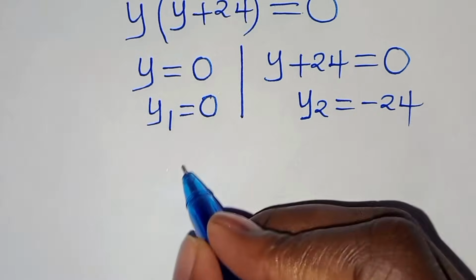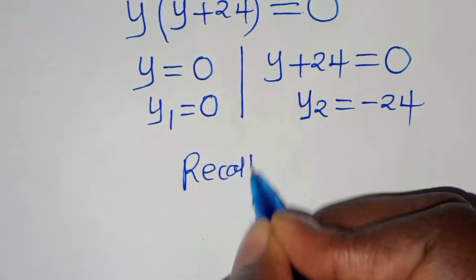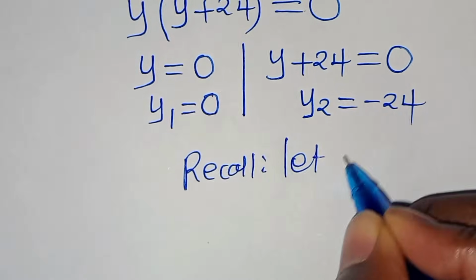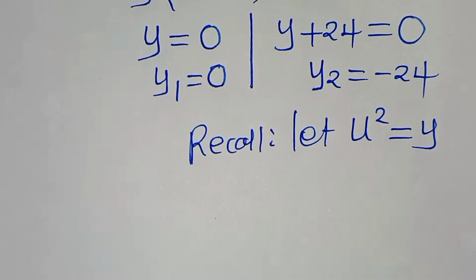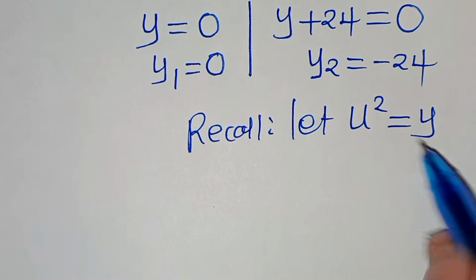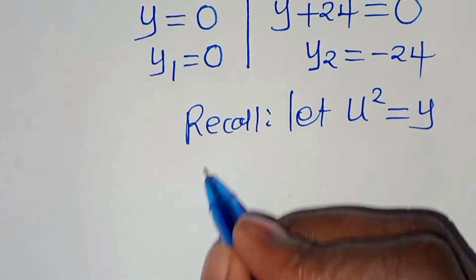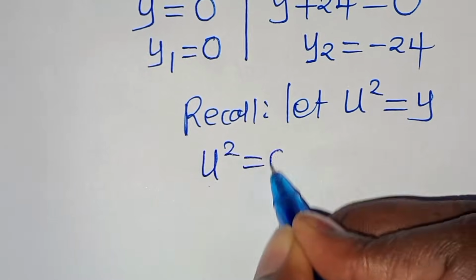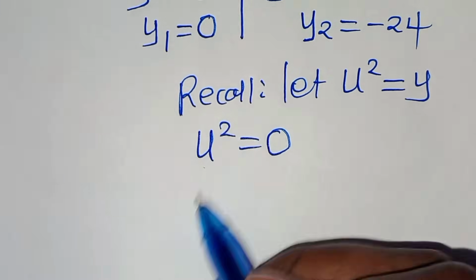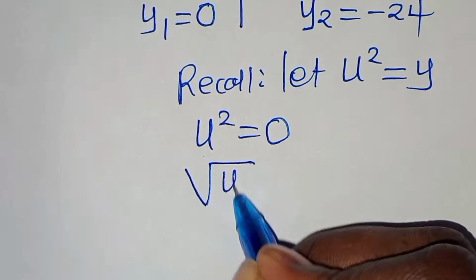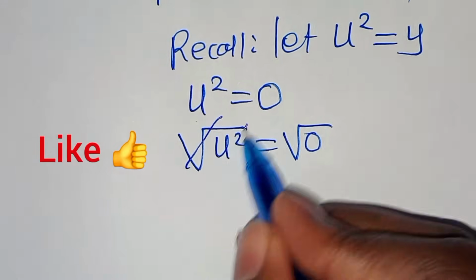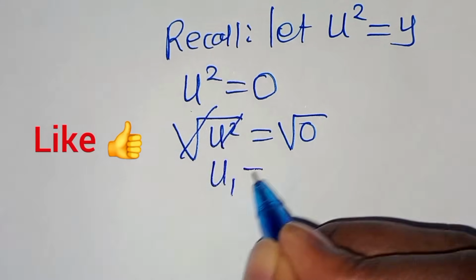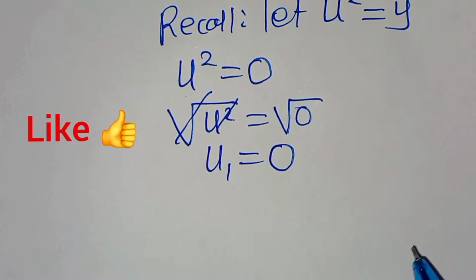Now, if you recall, we have seen that let u squared be equal to y. So let's start with y1 here, so that we have u squared equal to 0. To solve for u, we introduce a square root on both sides, so that now u1 is equal to 0.